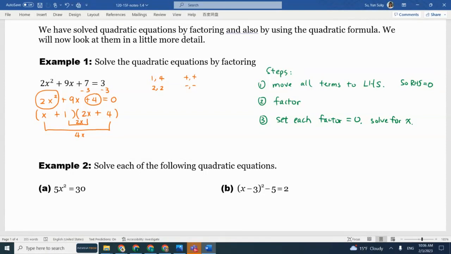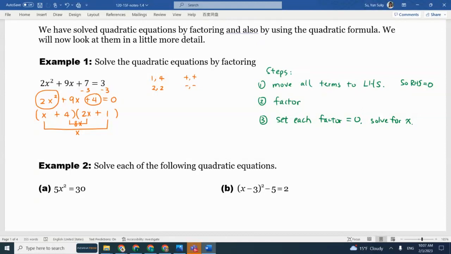Then how about we switch the order? 1, 4 doesn't work, so we erase this and try 4, 1. Multiply the outer terms, we get x. Multiply the inner terms, do you see we get 8x?